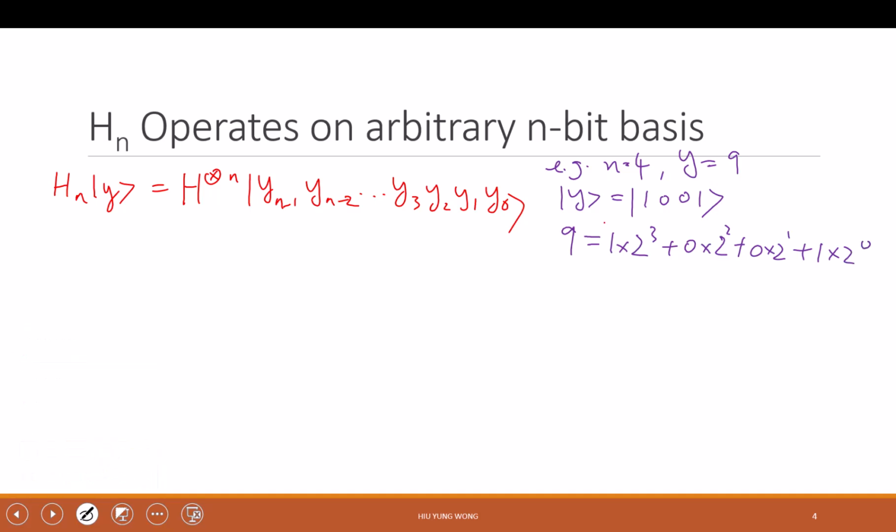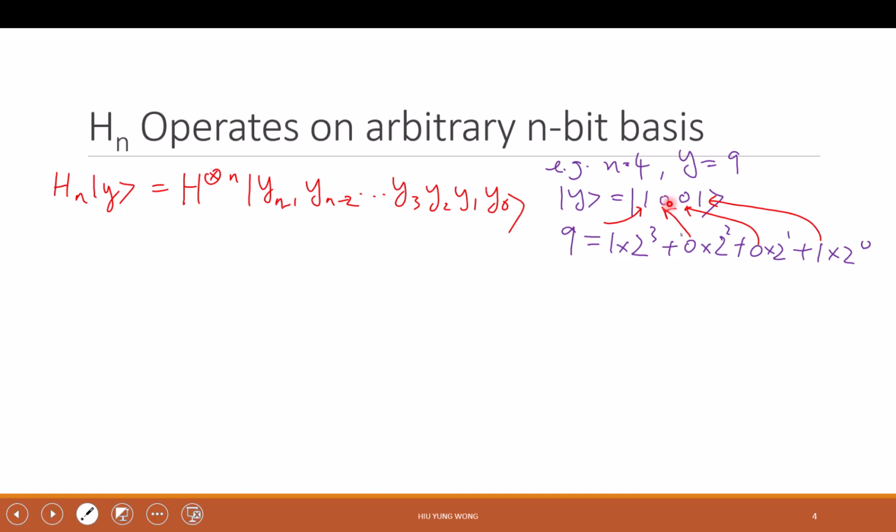Do you see this? That is the meaning of the binary representation, right? Just like when I say 99 in decimal, it means 9 times 10 to the power 1 plus 9 times 10 to the power 0. That's called the decimal system. The base is 10. Now it's binary. The base is 2, right?